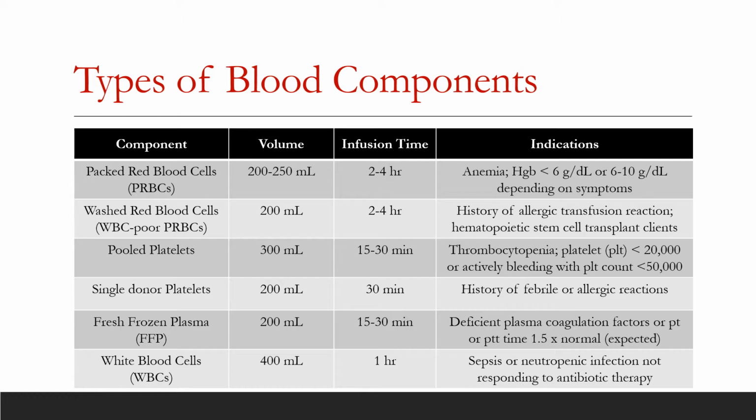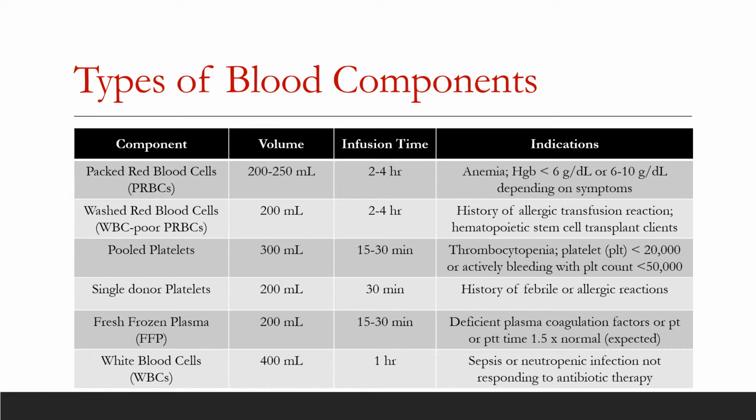So we're going to look at their PT or PTT time, and if it's 1.5 times normal, which is what we want it to be, the expected normal. Someone's expected normal can be different from someone else's expected normal.